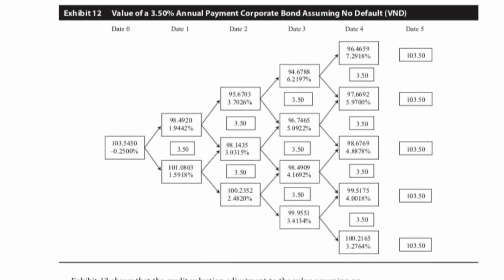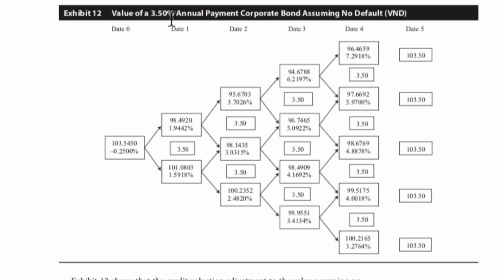There it is here. Here's the value of 3.5% annual pay corporate bond. Notice we have the same rates. It's the same interest rate tree, and we're pricing this out as a 3.5%. Notice that we get a premium bond, which we should get. Now, I always stress that it's important every time you get to an exhibit to read the title of the exhibit to know exactly what we're looking at, right?